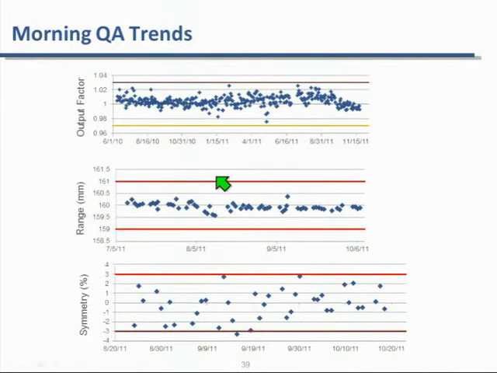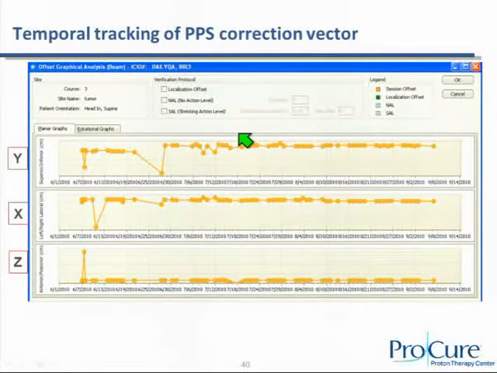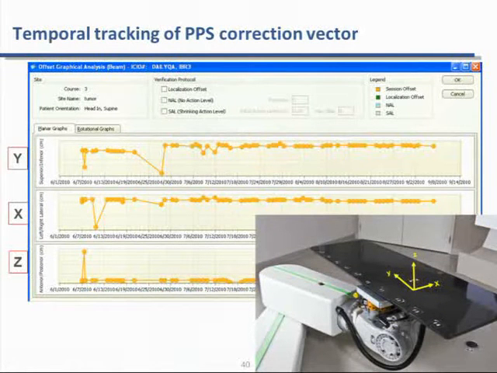So if you look at trends from this morning QA device, we have output, range, and symmetry, very consistent and within the tolerance limits that we expect. As I said, you want the imaging system to dictate the right motion for the PPS to move to within the proton isocenter. So it's important to check that the PPS is actually moving to the same point every day.